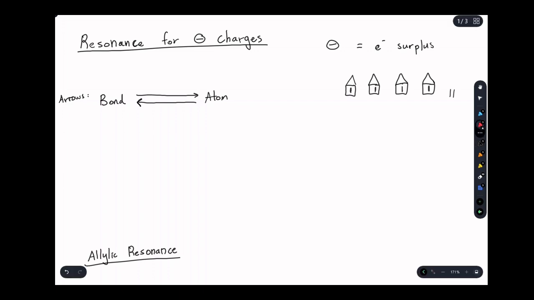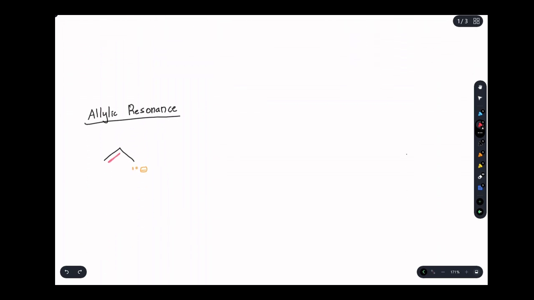And what this is going to lead to is we're going to need to overload some of these houses. Essentially, the idea here is that we're going to have negative charges, whether we like it or not. And instead of having positive charges, we're going to be putting extra electrons onto atoms to make them negative. With that in mind, let's take a look at the allylic case once again.